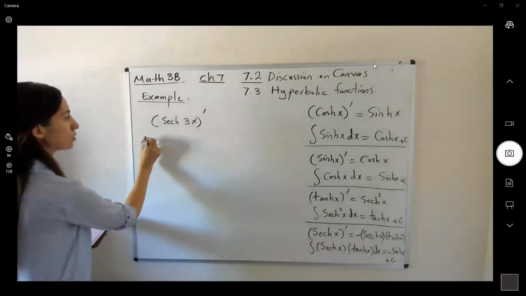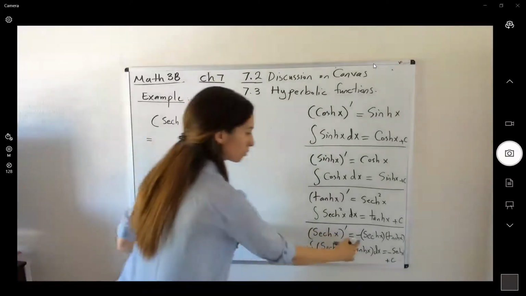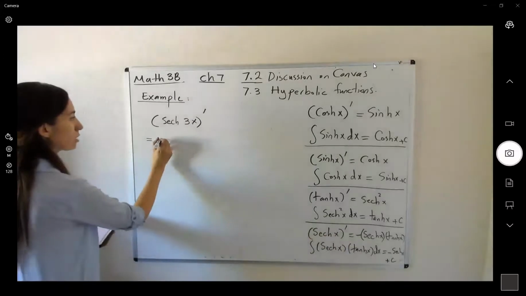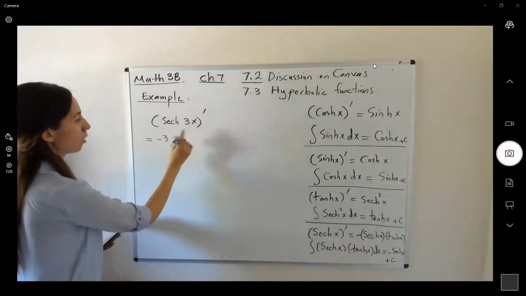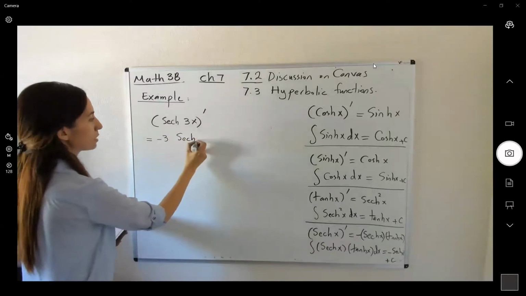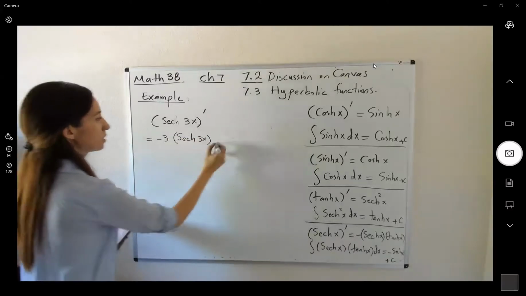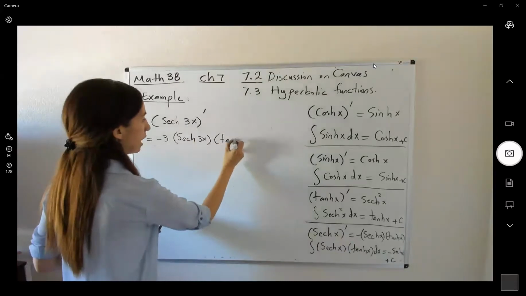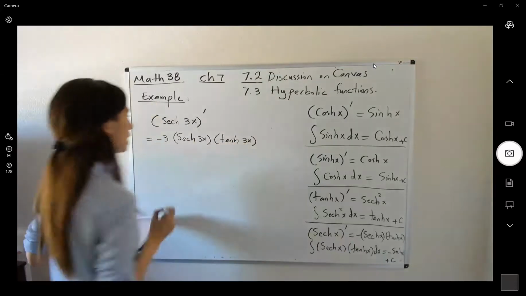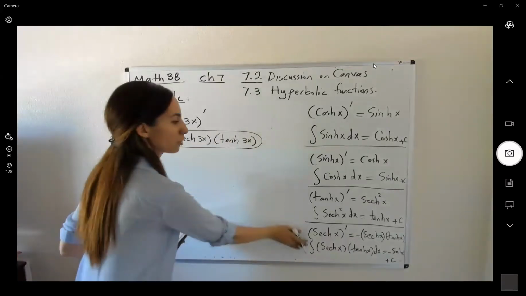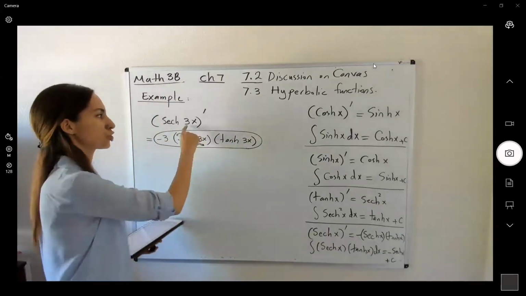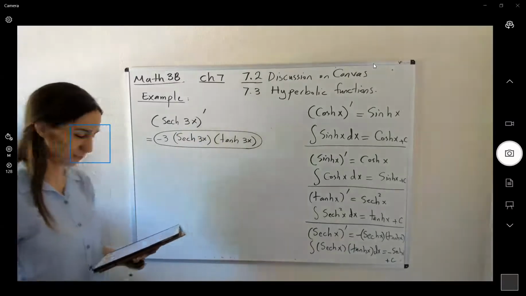This is equal to, first of all, you have to put a negative sign in front, the derivative of 3x is 3. Then you copy down your hyperbolic secant times hyperbolic tangent of 3x. Pretty much following the formula and applying chain rule because of 3x.